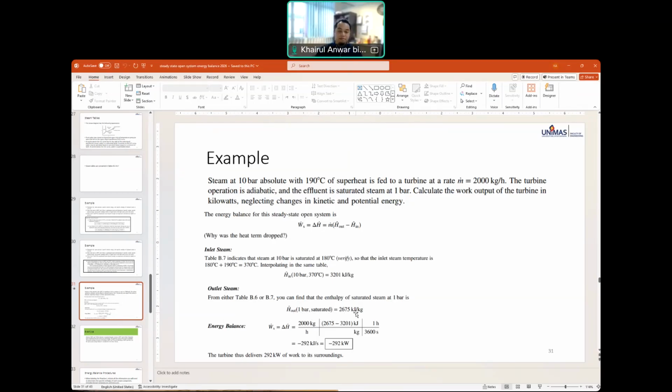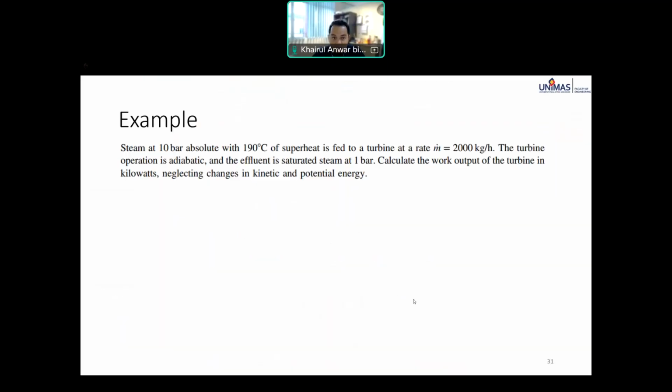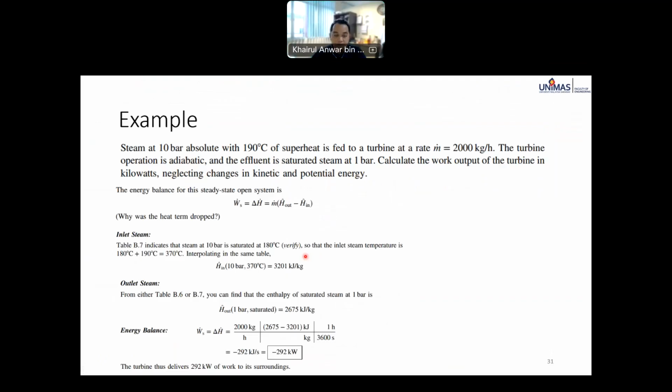Energy balance. So W is equal to delta H. So delta H refers to this equation. Go to this equation: H out, 2675, minus 3201 in.